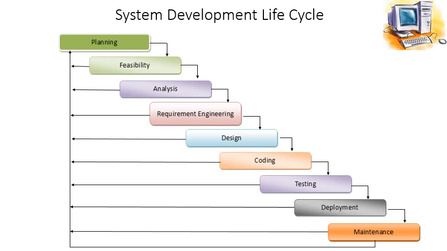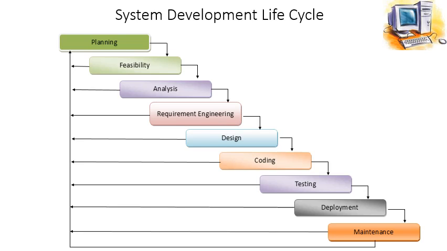So different things are considered. Further, we do the analysis of the project from different aspects, whether the project will be satisfactory later on, or whether it will have some problems. All those things are done during the analysis phase.